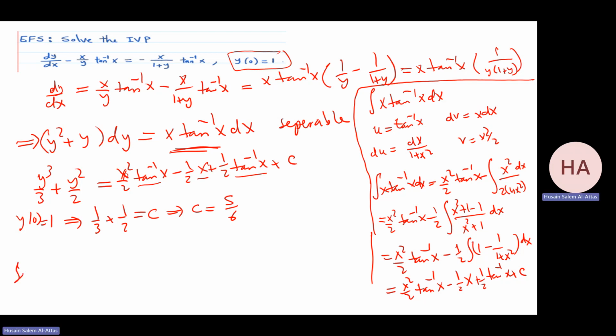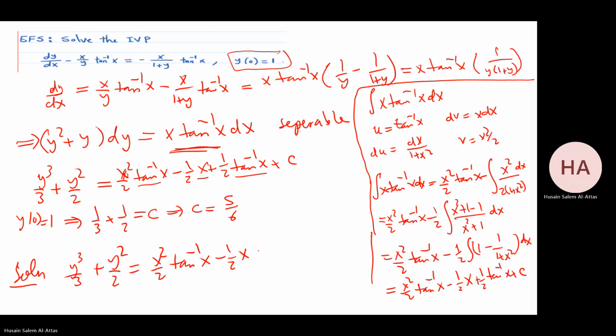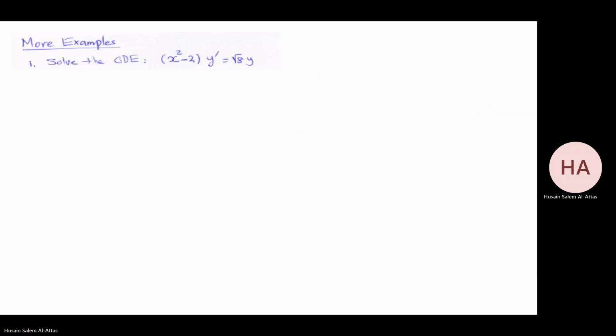So the solution is y cubed over 3 plus y squared over 2 equals x squared over 2 tan inverse x minus half x plus half tan inverse x plus 5 over 6. Yeah, it's a little bit lengthy. Not difficult, but a little bit lengthy.